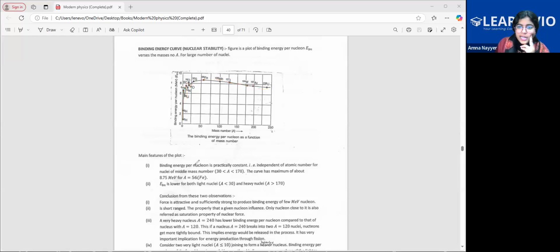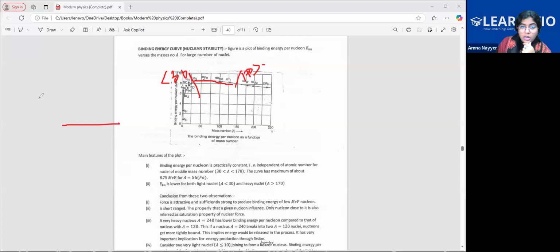Now, there are two main points that you have to remember. See, for the elements which have a mass number less than 30, like these, and above 170, like 184, 197, 238, between these two, almost a constant kind of slope is observed.